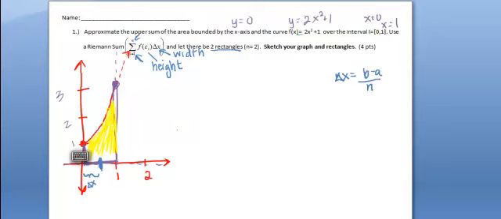So it's the interval that you're looking at divided by how many pieces you're dividing that into. In this situation, delta x is 1 minus 0 over 2, which is just 1/2. You can see that clearly here, that the widths of our rectangles are going to be 1/2.